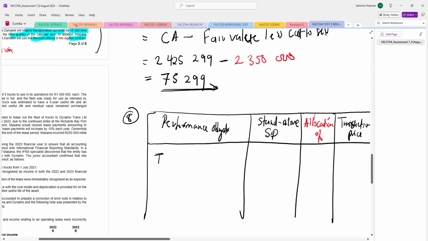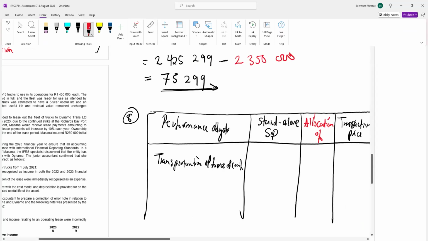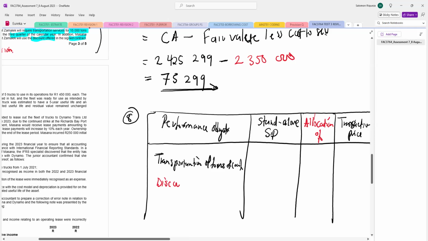So I'll come here. This is the main revenue. Transportation of tons of coal or whatever that is. Right, and then I have this discount voucher or incentive, either discount voucher or discount incentive.